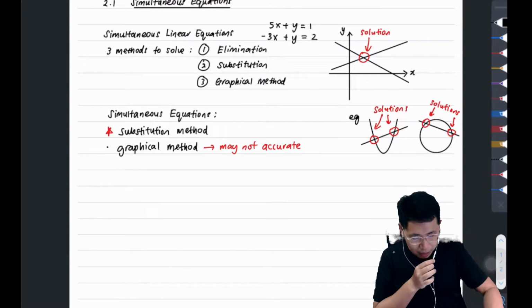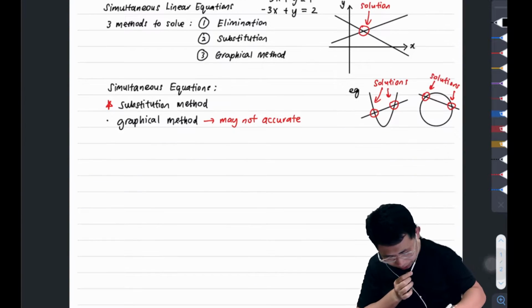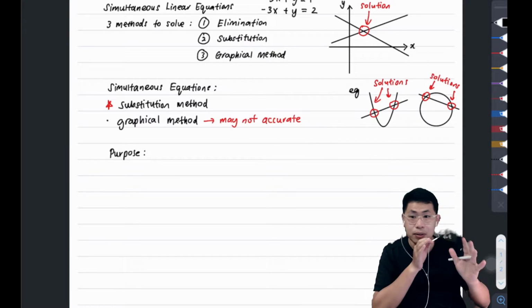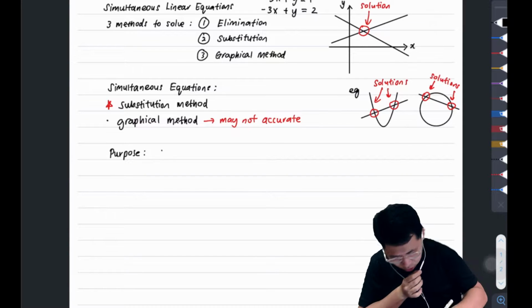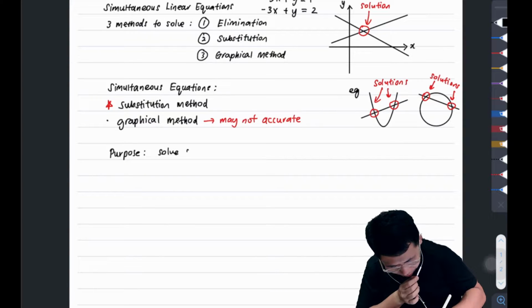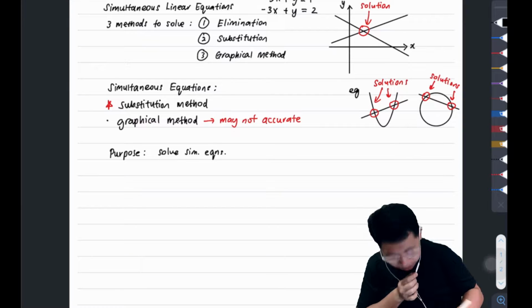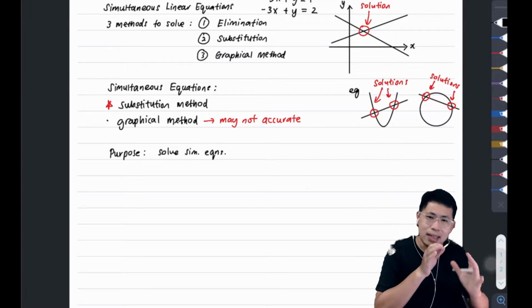Now, let me reiterate one more time the purpose of us doing these simultaneous equations. When we solve simultaneous equations, what do we get in the end?